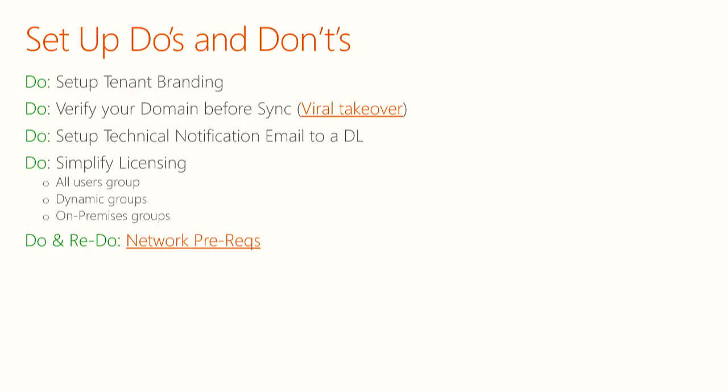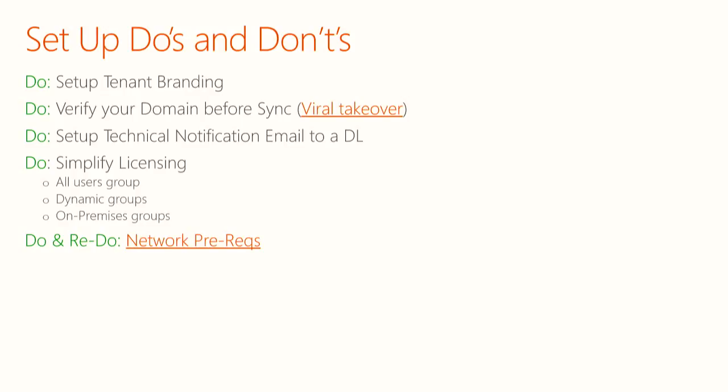Network prereqs is important, and that really pertains to Azure AD Connect and some of the agents that we deploy with that server as well. By default, when you install the latest version of AD Connect and a couple of months of older versions, we ship a health agent with it, which starts to surface synchronization messages in the Azure portal for you.